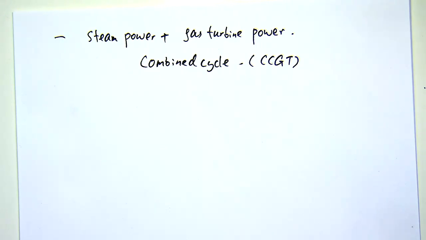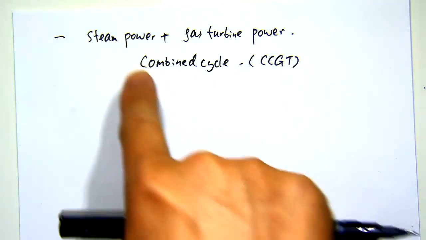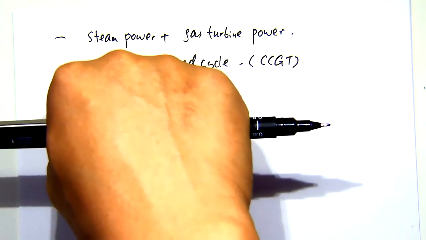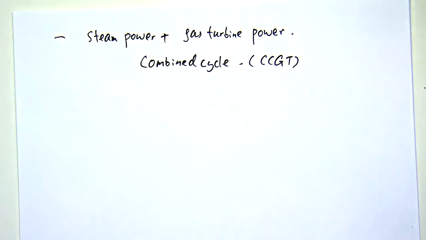And the idea here is to consider the exit of the gas turbine: the exhaust gas is still at a significant temperature, up to 500 degrees C or hotter. And if you consider what we discussed, the maximum temperature for the steam turbine or the boiler outlet is somewhere around 600 degrees C, right?